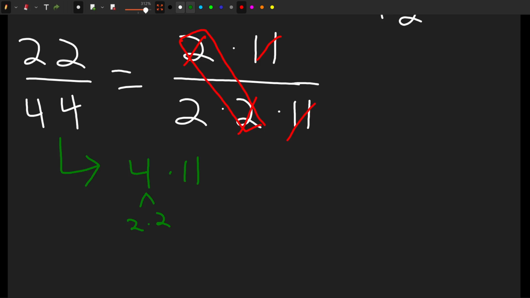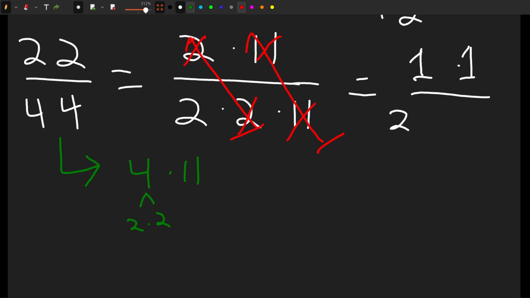And that's the same for the 11. They turn into a giant 1. And the reason for that is 2 divided by 2 is 1, and 11 divided by 11 is 1. And so what we're left with on top is 1 times 1, technically, and then on the bottom, we're left with 2 times 1 times 1, which then simplifies to 1/2.